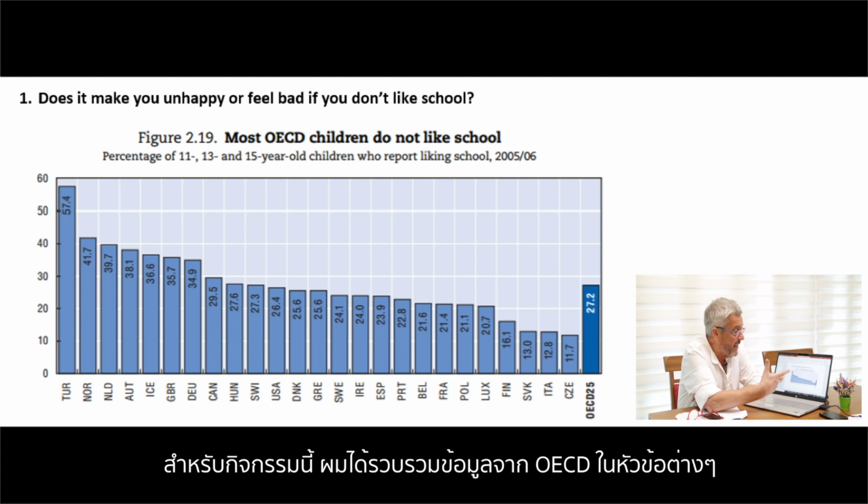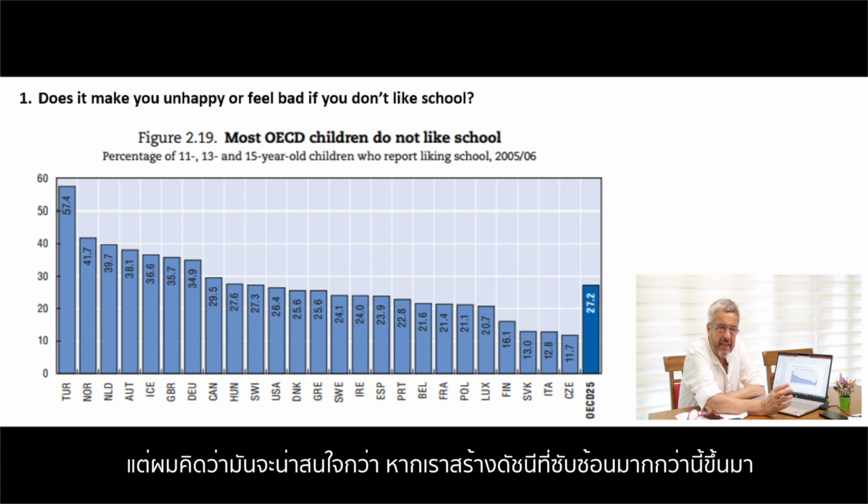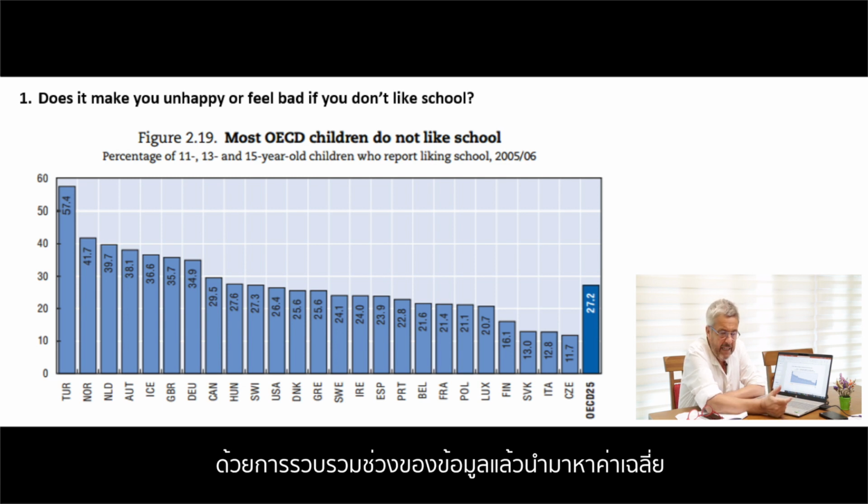Now, for this activity, I've collected data from the OECD on a range of subjects because the index that I showed you has been calculated on the basis of self-reporting by young people, but I thought it would be interesting to create a more complex index by collecting a range of data and then averaging it.